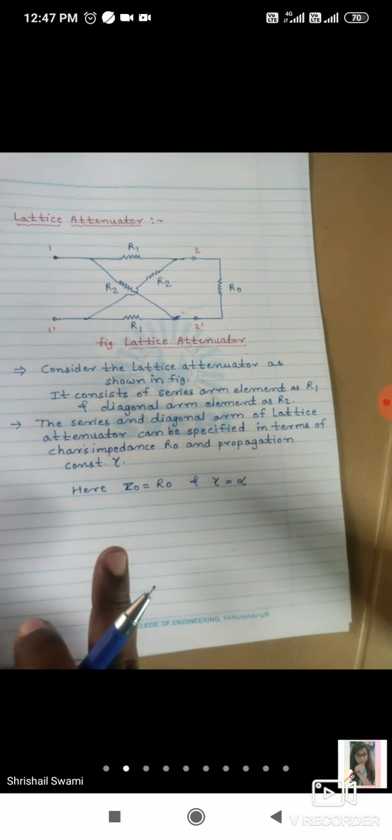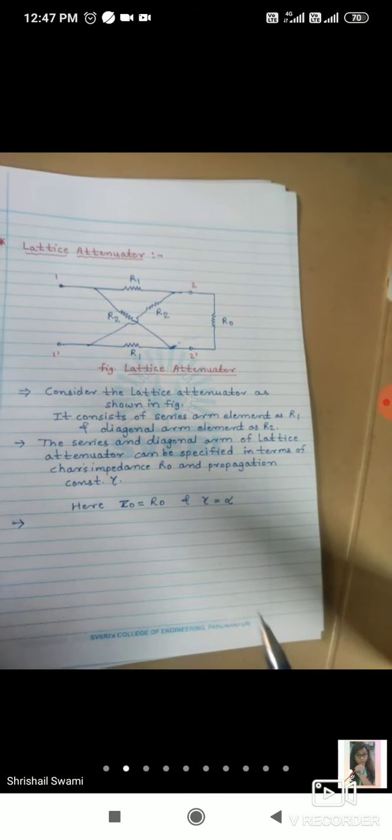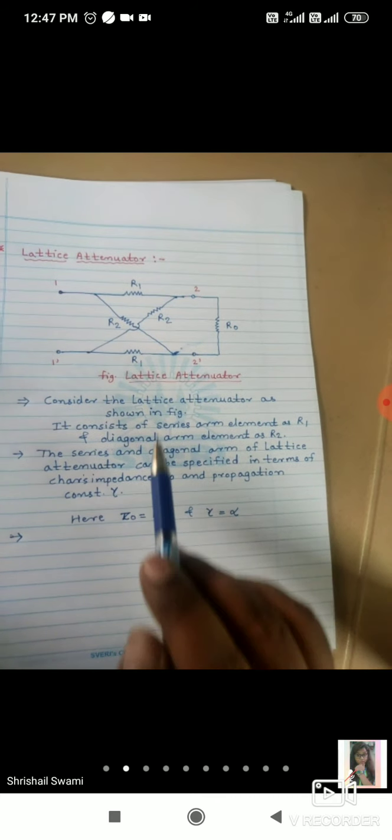That is common for each and every attenuator. So we are going to start the derivation, which gives the expression of R1 as well as R2.